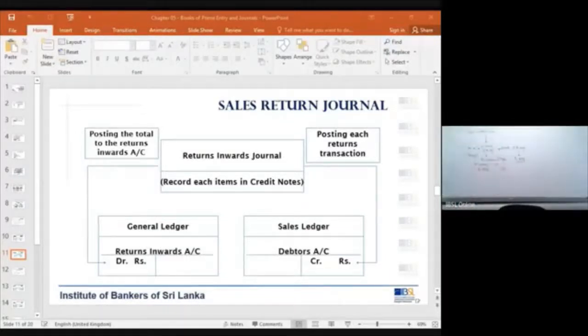This is the journal entry. I think I gave you the journal entry last week. This is how we write it: debit debtors 1,500, credit sales 1,500. Now out of this 1,500, 450 does not belong to ABC company because they have accepted the returned 3 units.